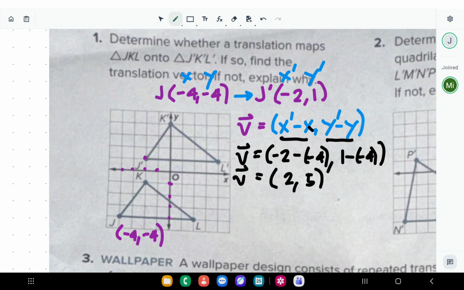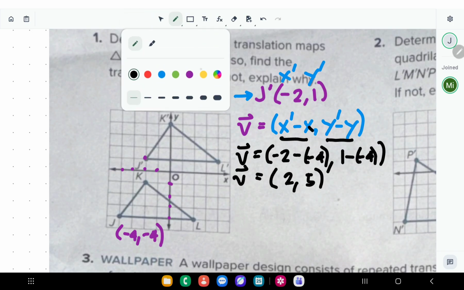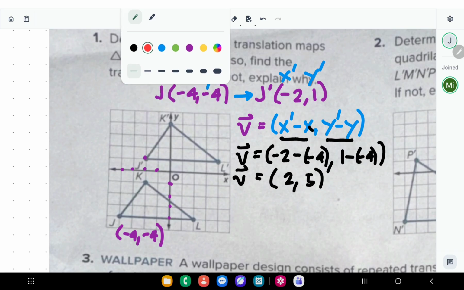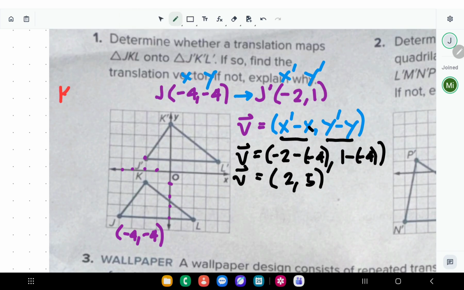And now we check the other two vertex pairs. We have K and L. So what are the coordinates of K? K is this one. This is -2, -1.